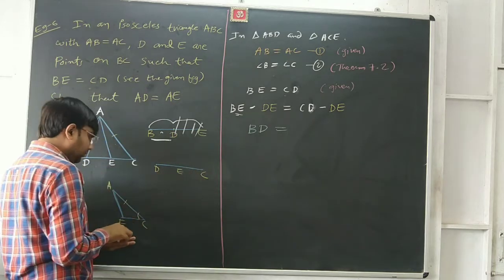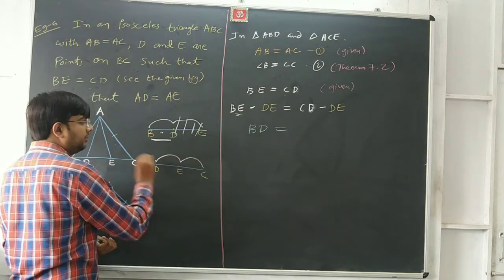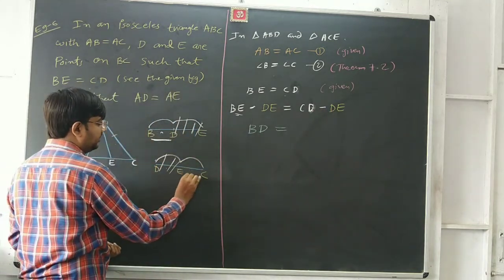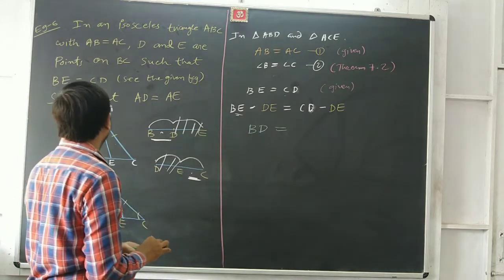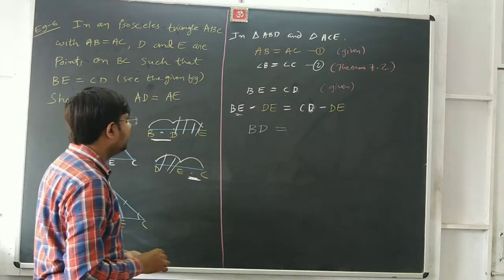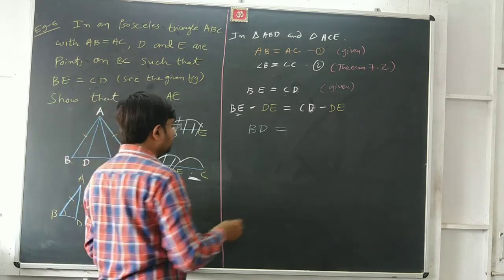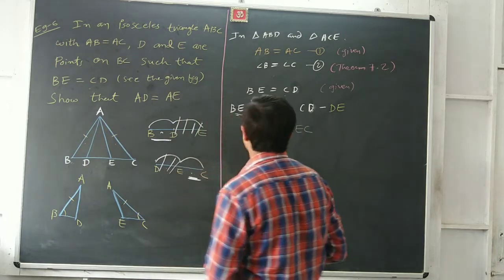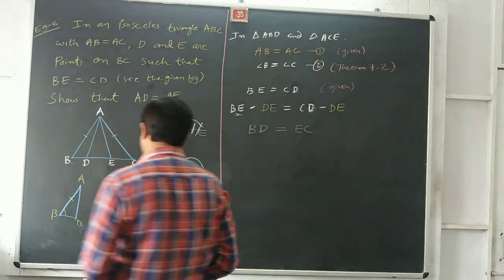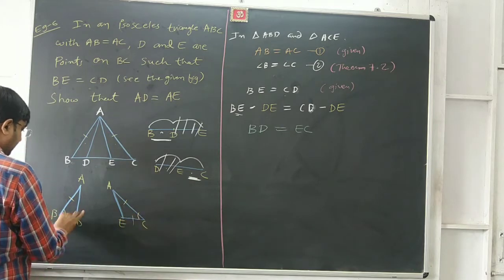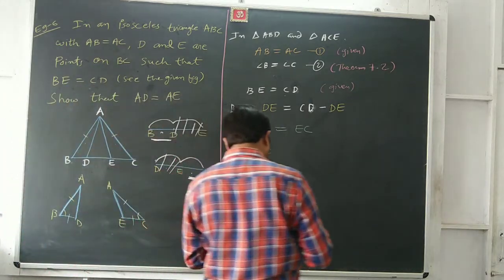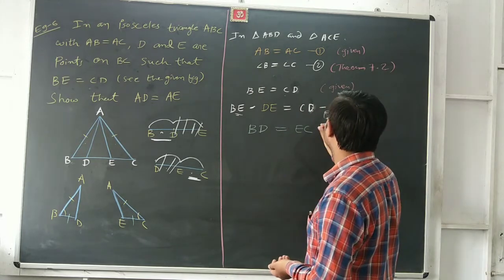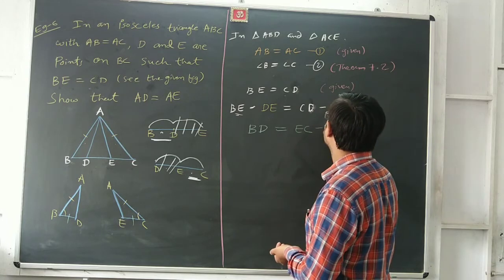This is the CD part, cancel D. So what is the figure? EC. This is EC. Okay, so I can write EC and BD. Got it? So this is equation number 3.